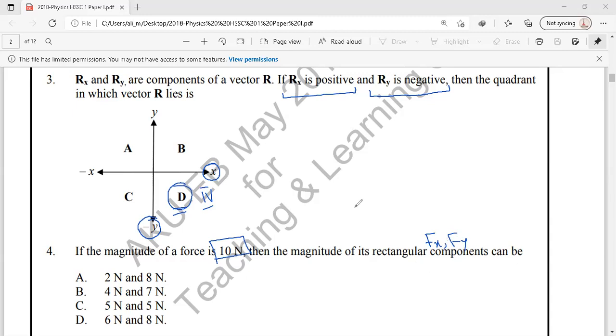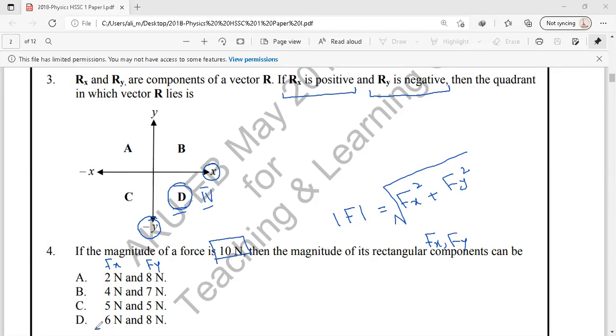So we know that the formula for the magnitude of a vector is equal to the positive square root of horizontal component square plus vertical component square. So these are the values of fx and these are the values of fy. So one by one, let's put this fx and fy in this equation to make a resultant of 10 Newton.